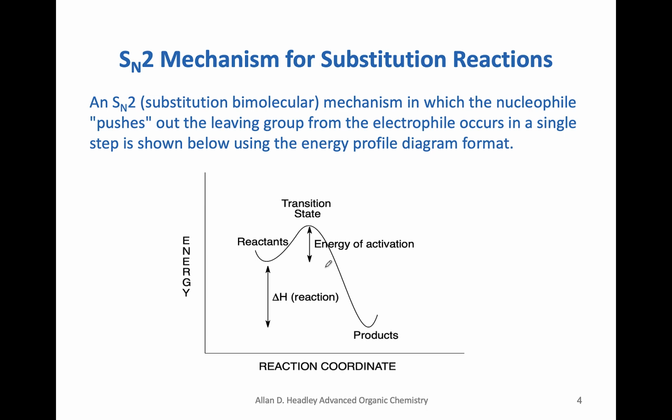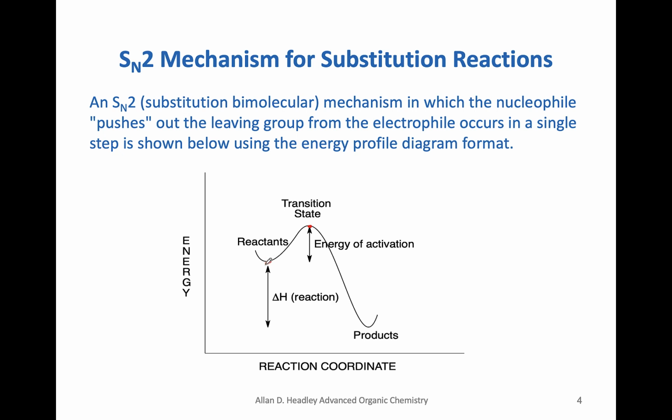We can state that differently using an energy reaction coordinate diagram. So here is our reactant, that's the electrophile and the nucleophile, both reactants forming the transition state as we have seen before, and then it goes on to products.